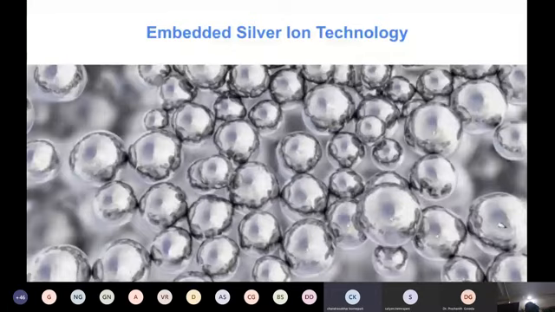And coming to one of the latest technologies being used across the globe, especially in the healthcare industry, the silver ion embedded wall panels, including the flooring, that eliminates a major part of the bioburden, the surface contamination, which is currently not viewed seriously.